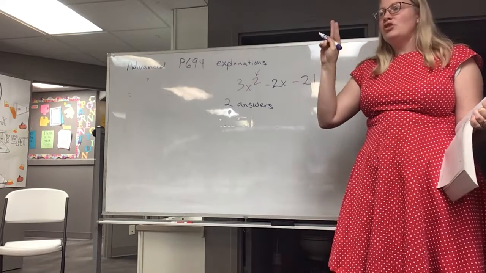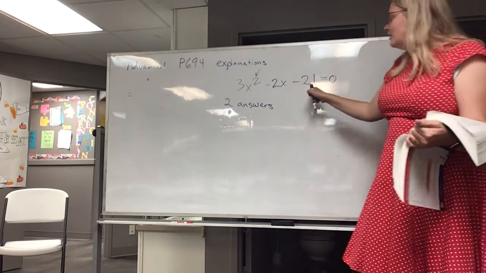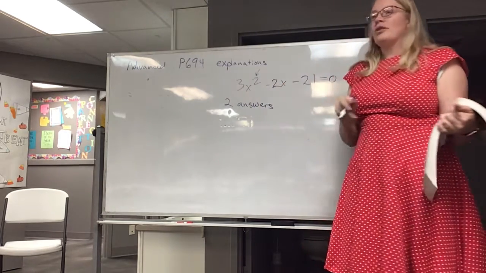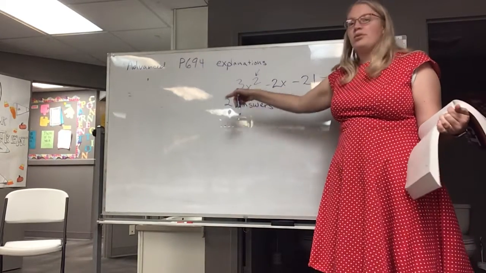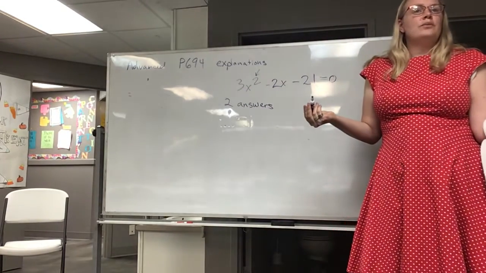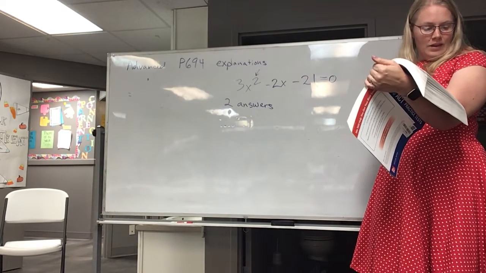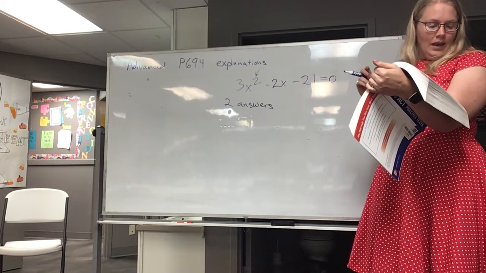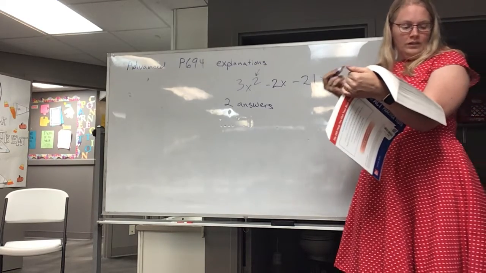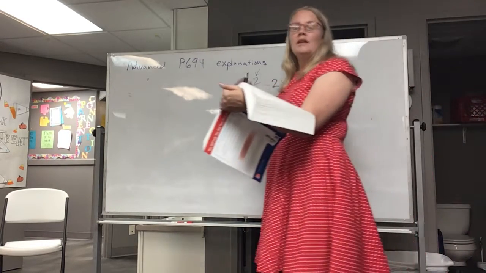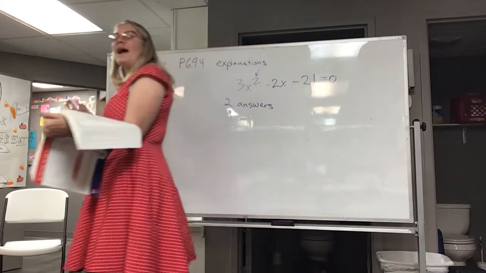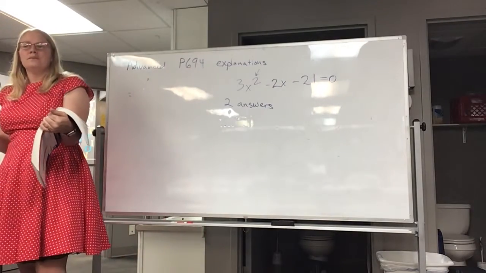It's not going to be two integers because it cannot factor completely. There's going to be a coefficient of 3 on one of our factors. And so because of that, I can eliminate everything except for C and D. C and D are the only ones that have that fraction possible answer in there.